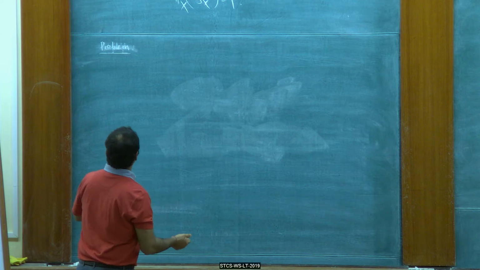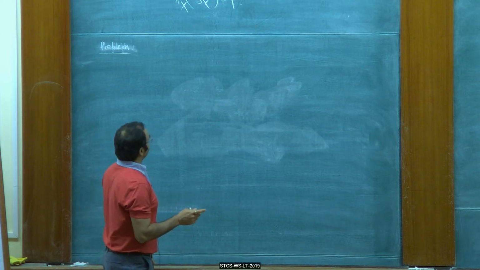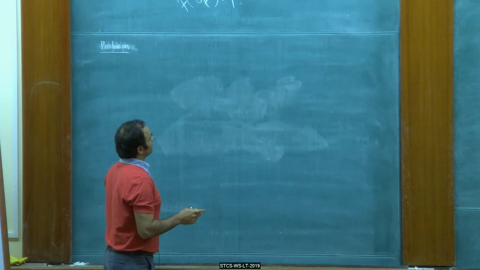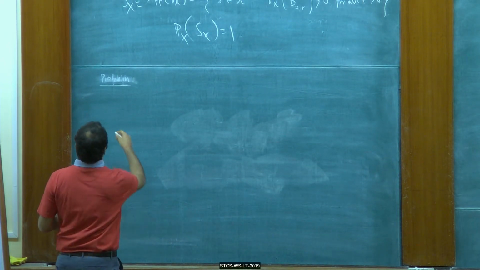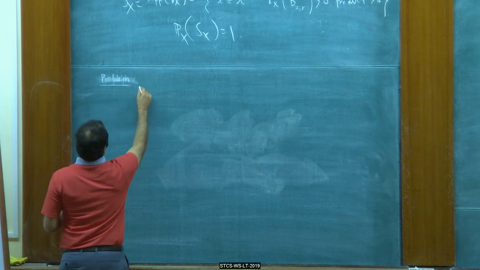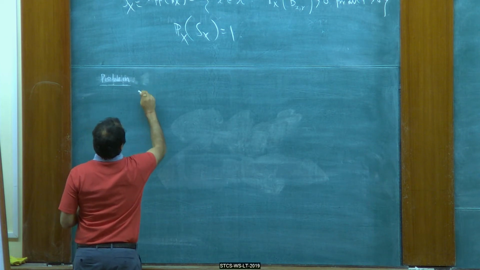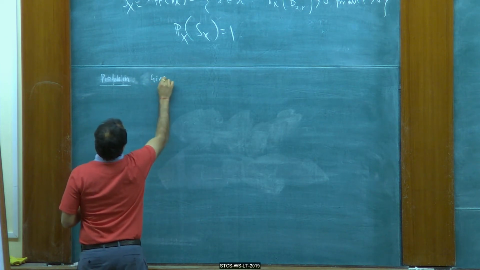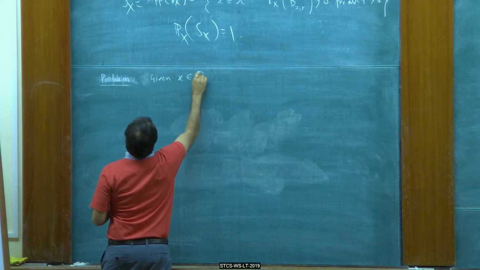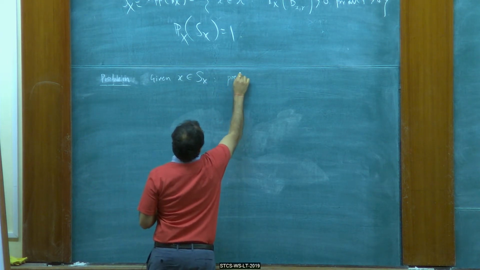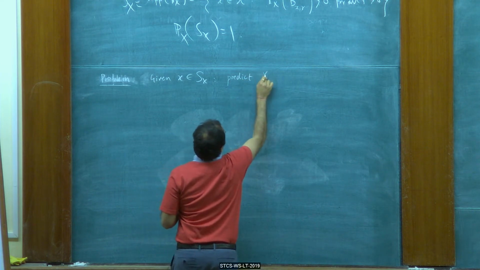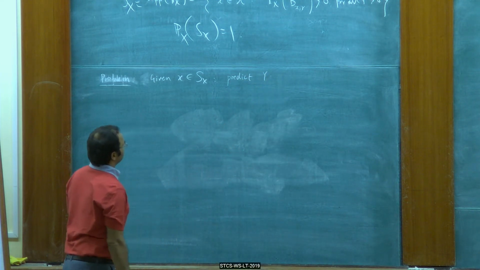So what we'll do is define two error metrics, and that effectively will translate into regression or classification. So the regression is the one where the goal is, given x in, let's say, the support of x, predict y so that you minimize some error.